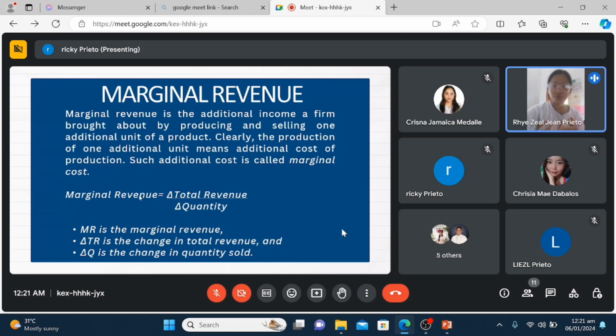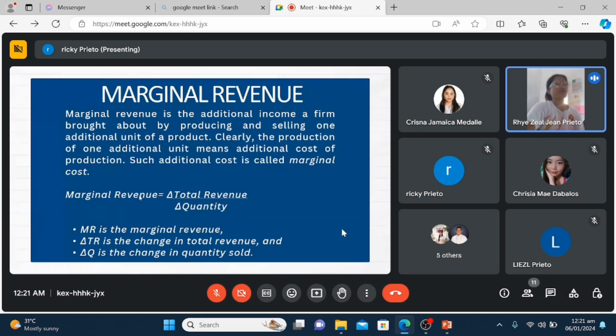Such additional cost is called marginal cost.